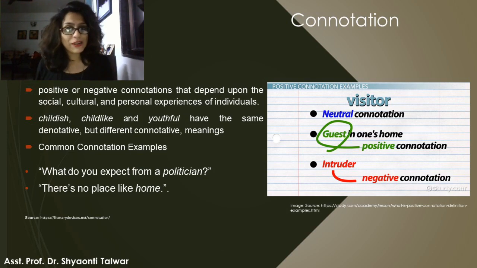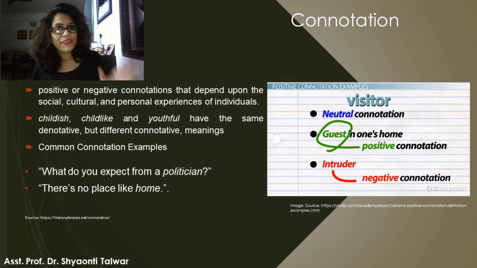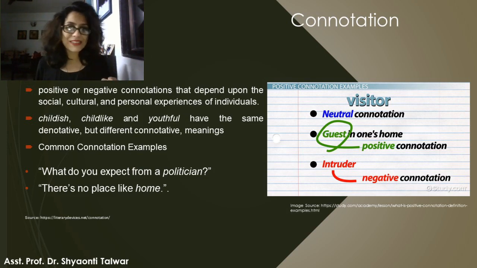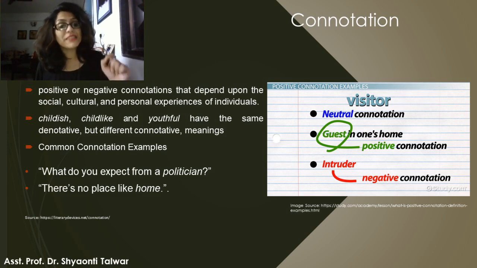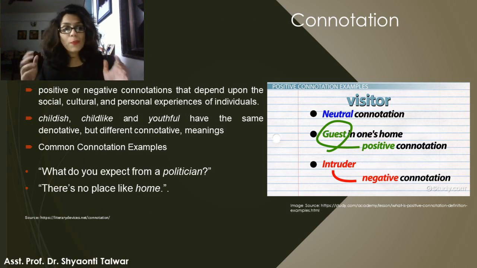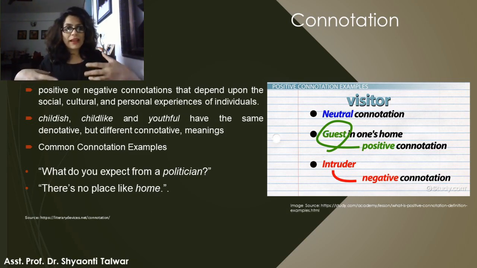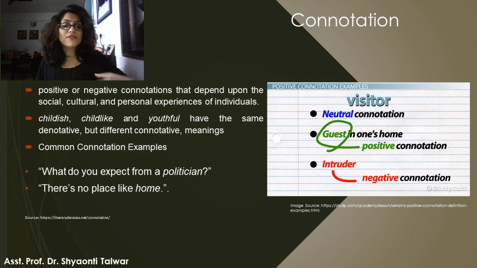Look at the next example. There's no place like home. Now, what do you think is the connotation here? Positive or negative? You're right if you think that it's positive, because it is. When you say there's no place like home, you are attributing all feel good, positive adjectives or things that the house stands for.